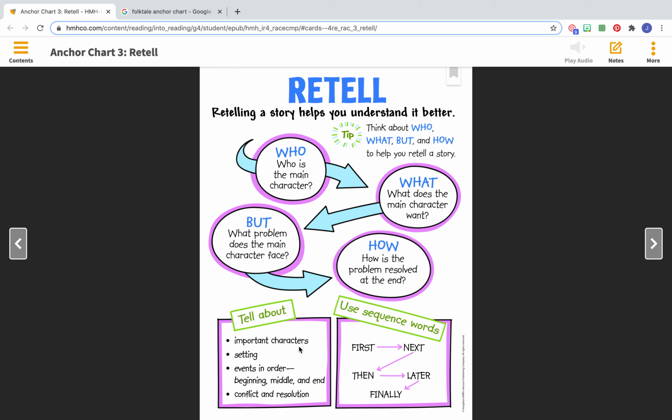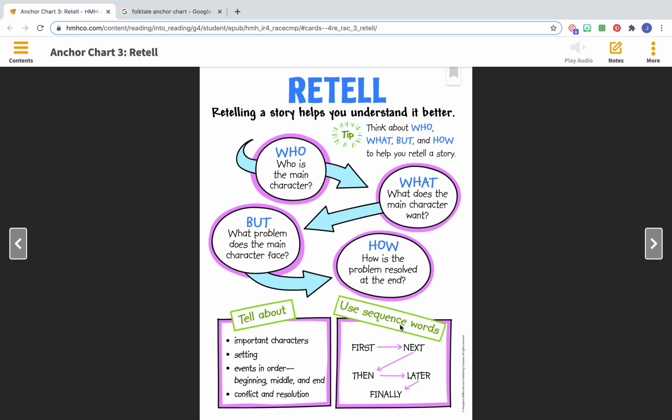Tell about important characters, setting, that means where the story takes place, events in order, that means the chronological order, in order as they happen from the beginning to the middle to the end, conflict and resolution, the problem and how they fix it. Use sequence words as you're telling it.